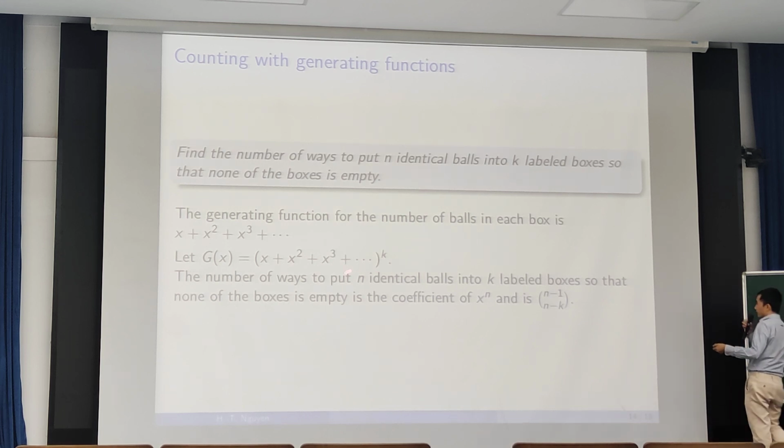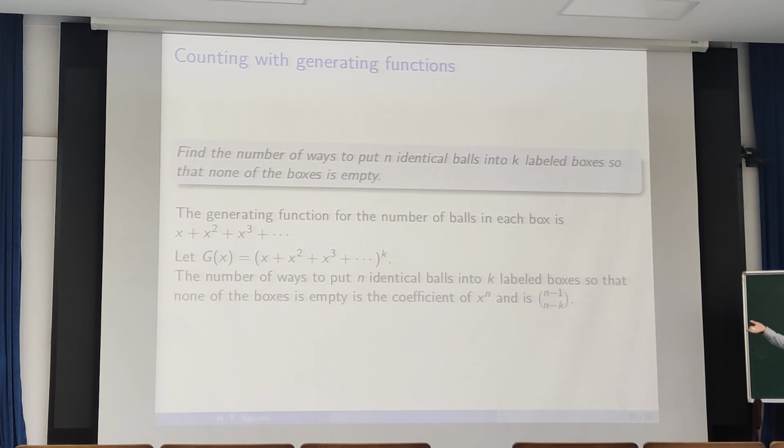Now, can we use what we have already seen to simplify this generating function? What tools do we have? The first thing is that you put x outside. For all the generating functions that we have already seen, all the formal power series, the starting coefficient is 1.